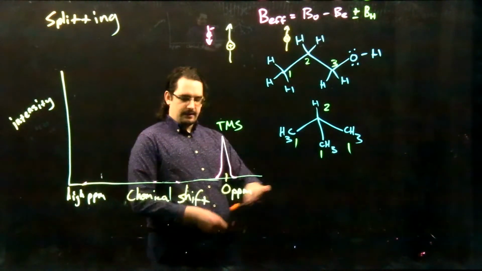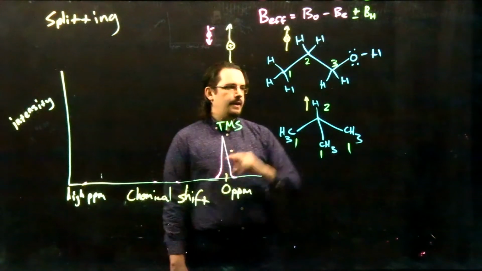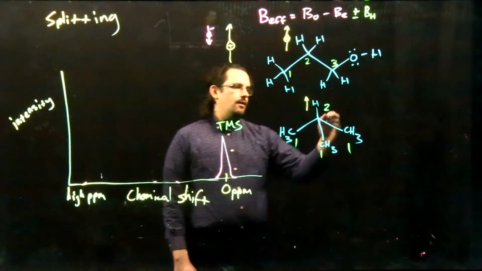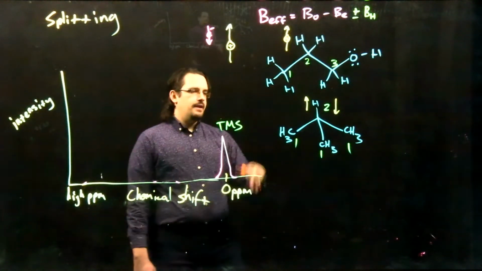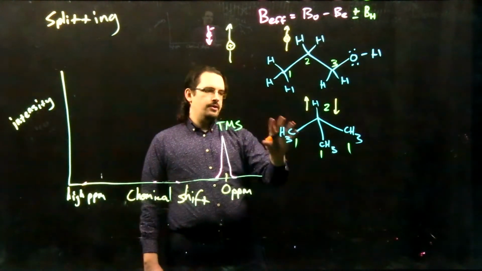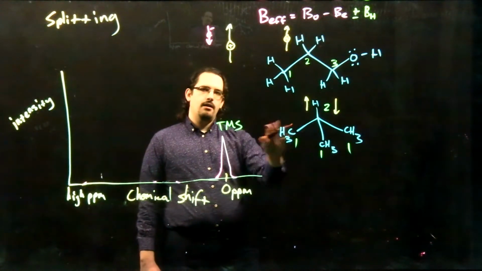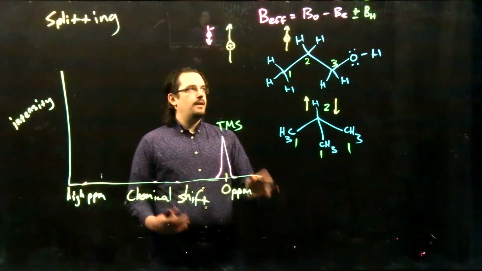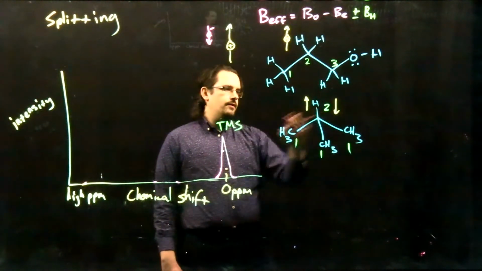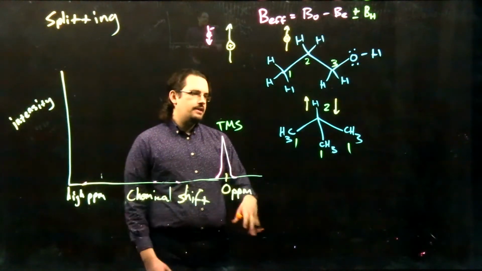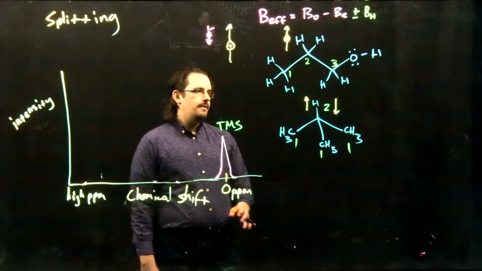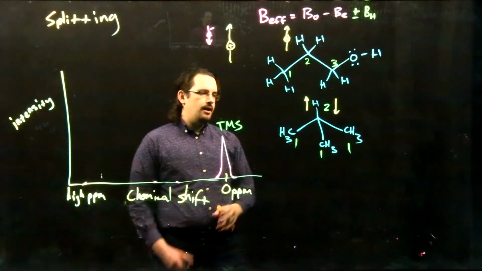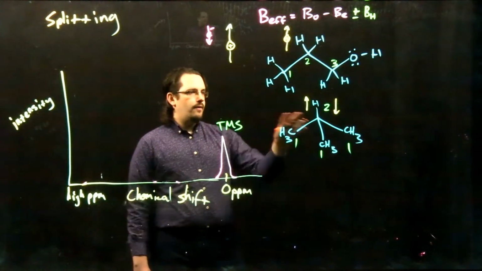We know that this can either be spin plus 1/2, spin up we'll say, or spin minus 1/2, spin down. If that spin is up, it's going to affect our magnetic field in a positive direction, versus if it's spinning in the opposite direction from us, it's going to have a negative effect on our magnetic field. So it can actually affect our peak depending on whether it's up or down.